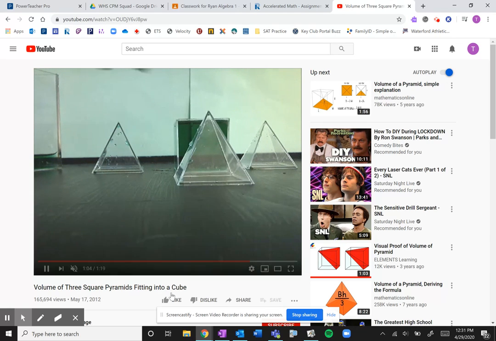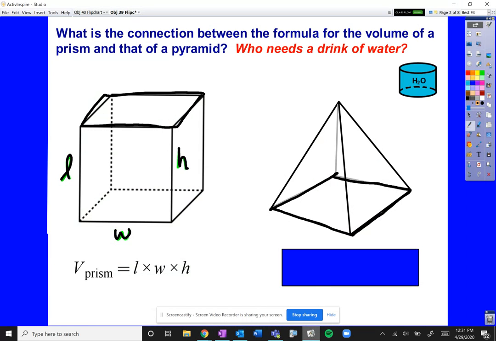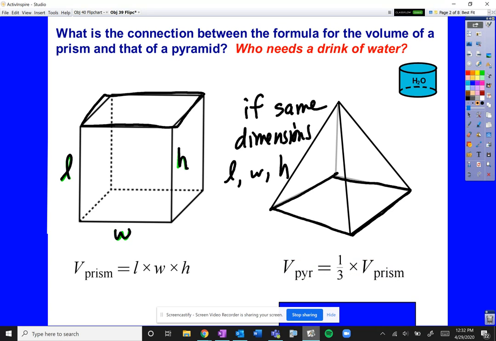So, in this case, if you have the same dimensions in terms of the length, the width, and the height as the prism, if three pyramids fit into every prism, then each pyramid is 1/3 the volume of the prism.